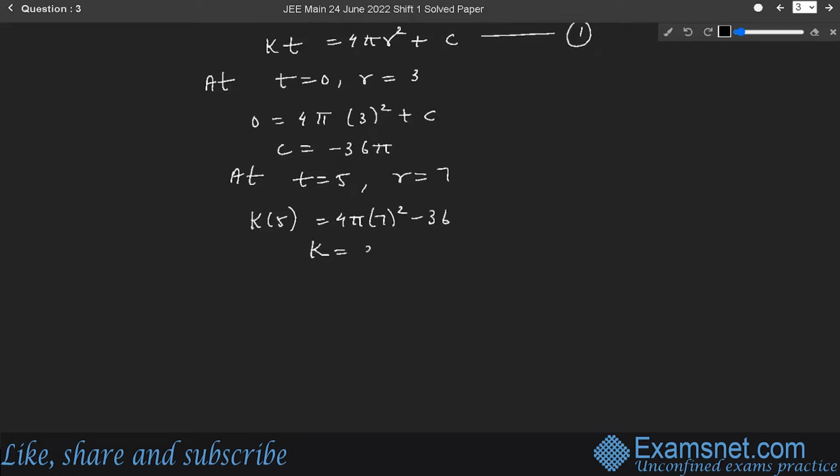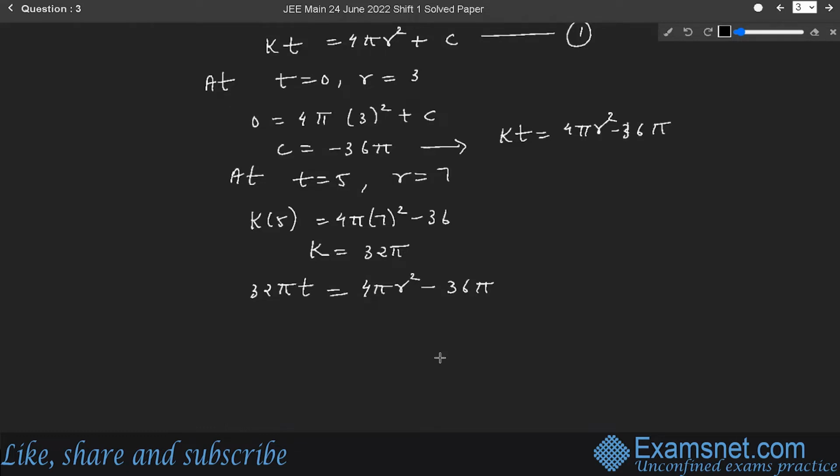So k will be equal to 32 pi. In this case, equation 1 becomes 32 pi t is equal to 4 pi r square minus 36 pi. We know that c is minus 36 pi. So in this case, the equation becomes kt is equal to 4 pi r square minus 36 pi.